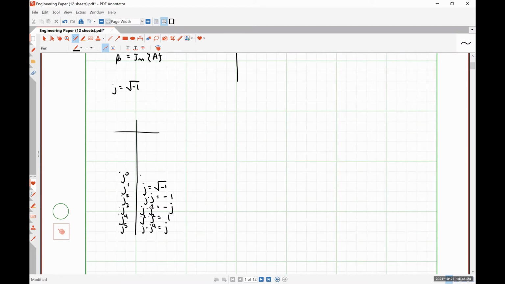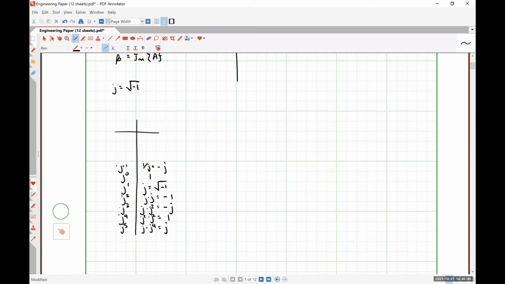We can do the exact same thing going backwards, right? J to the 0 has to be 1 because anything to the 0th power is 1. So j to the minus 1 is 1 over j, which is the same as negative j, which is exactly what j to the 3 was, right? So it's still doing that exact same cycle.